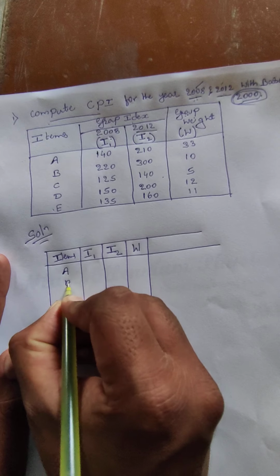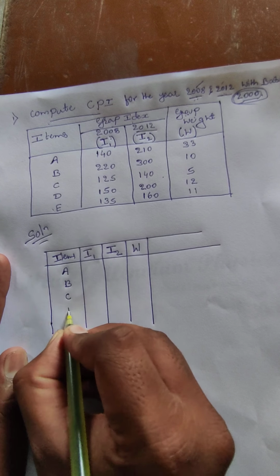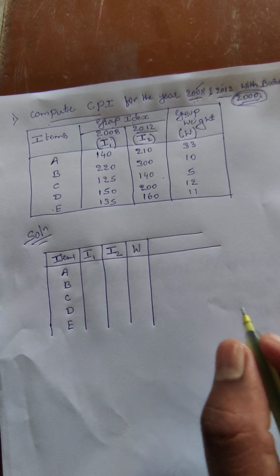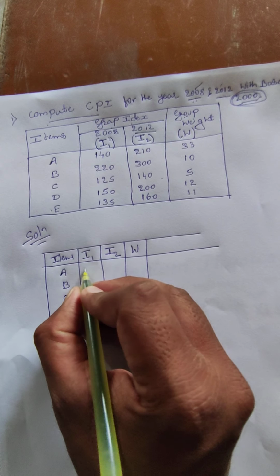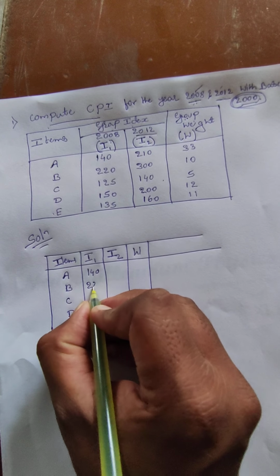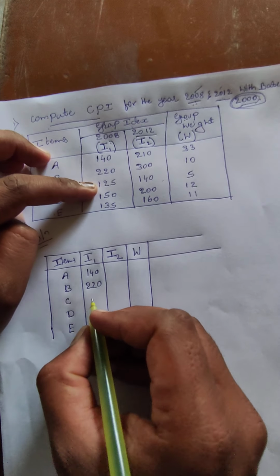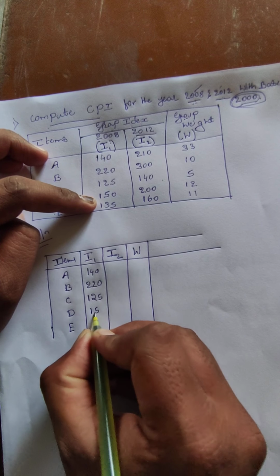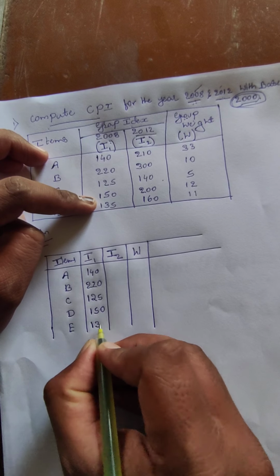A, B, C, D and E. So first we write down as it is: index 1: 140, 220, 125, 150, 135.